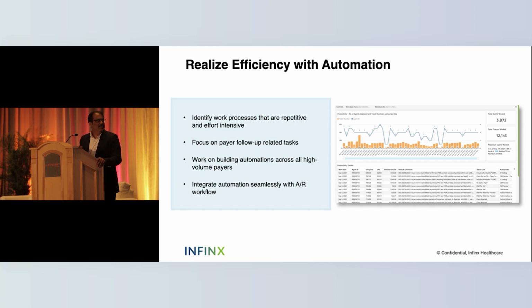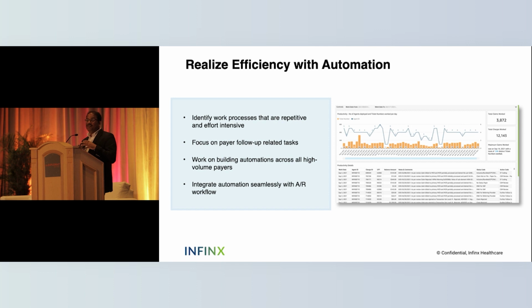And the other thing is, one of the things from our perspective as we built our platform was, hey, how do you seamlessly interoperate with the billing system? So work eventually has to get back because that's the book of record. So what we've done is spend time understanding how do we get data off the billing system, do these 5 steps, allow for an organization and allocation of work for a team to work on AR.